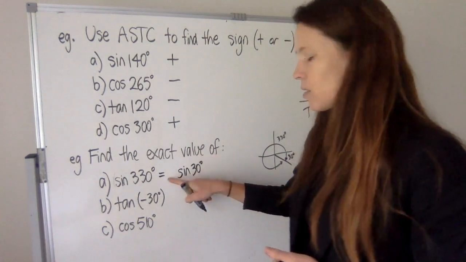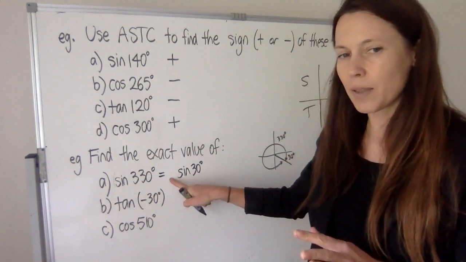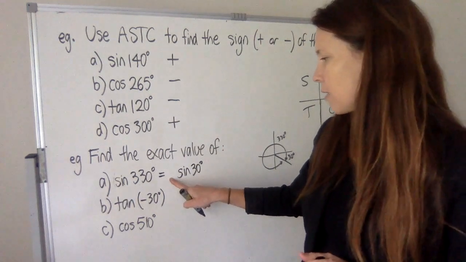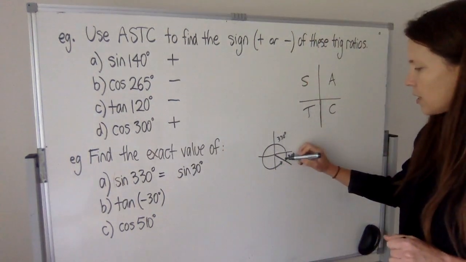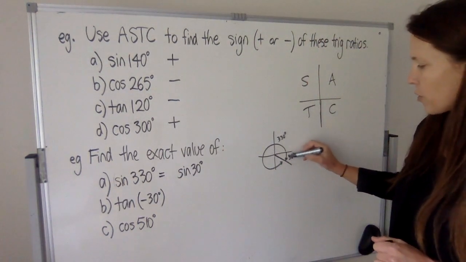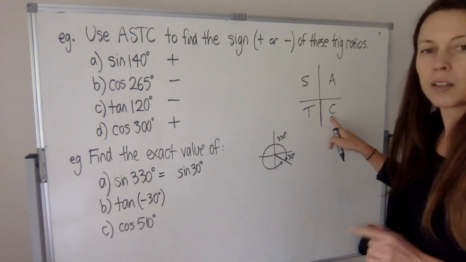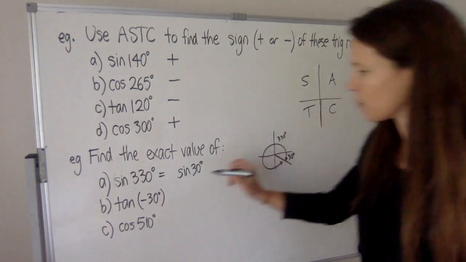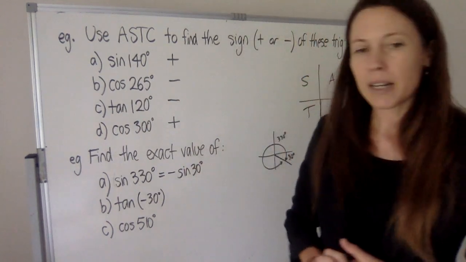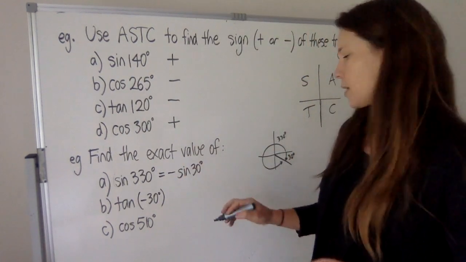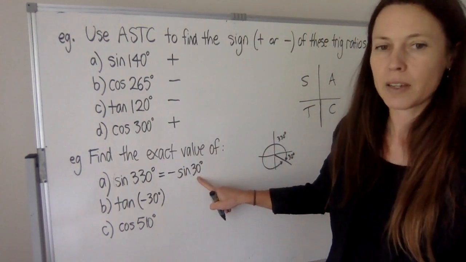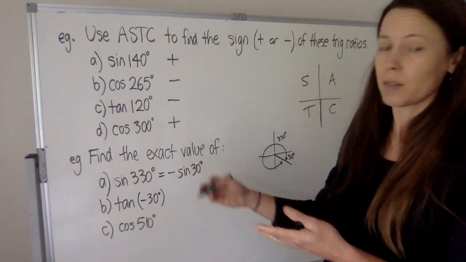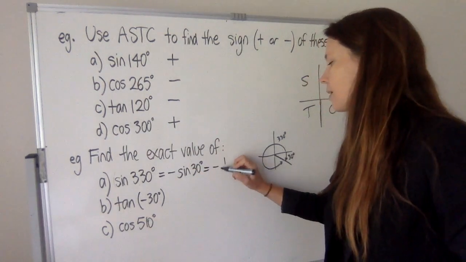Notice how I've left a little space in front there, so I can just have a quick think about whether it needs to be positive or negative. It's like the sine of 30, except it's down here in the fourth quadrant, and down there, only cos is positive. So sine is going to be negative. So I need the negative value of the sine of 30. Now sine of 30 is half, so minus sine of 30 is going to be minus a half.